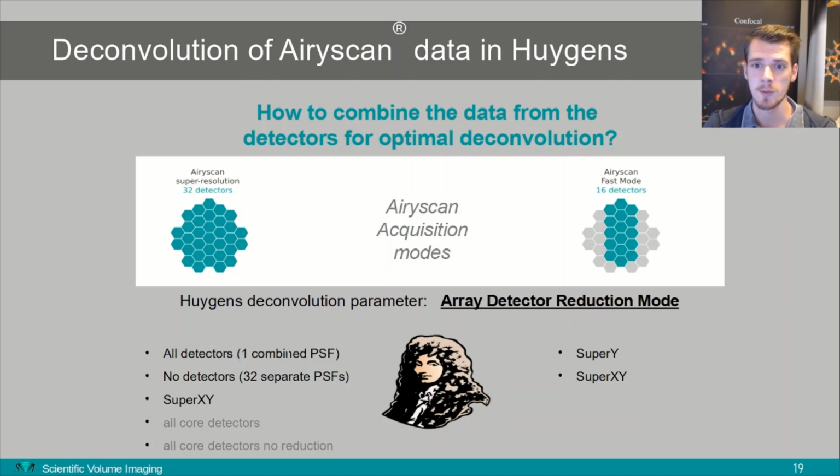It's also possible to deconvolve your images into a super sampled pixel grid by selecting Super XY. Here we increase the number of pixels in X and Y by a factor of 2 to obtain even higher resolution. This does cost more system memory and takes a little more time than the previously mentioned methods.